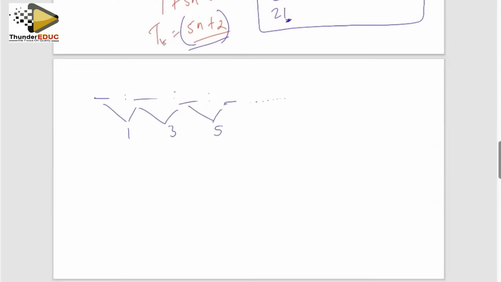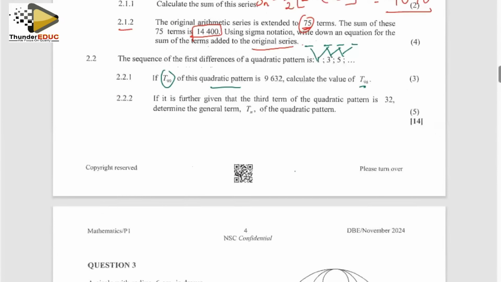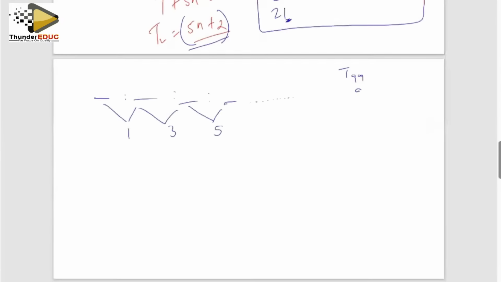Now they continue telling us T99, what's the value? It is 9632. They want us to find T98. So what I want us to look at, or the trick behind this question, is very simple.